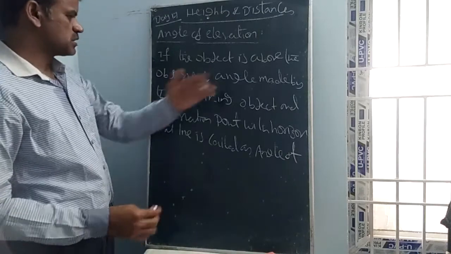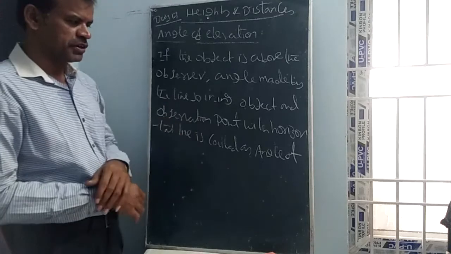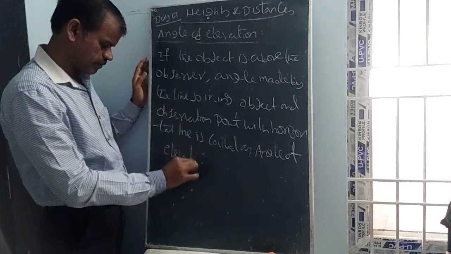If the object is above the observer, the angle made by the line joining object and observation point with the horizontal line is called the angle of elevation.